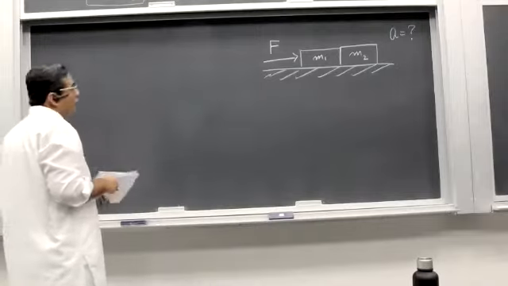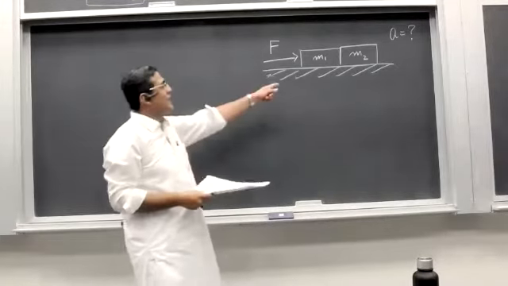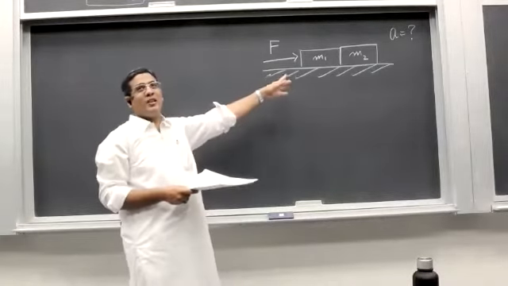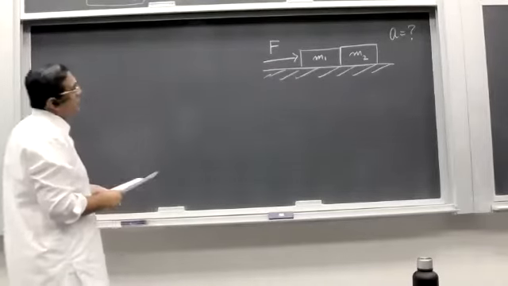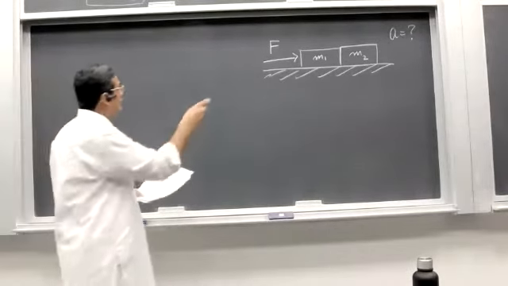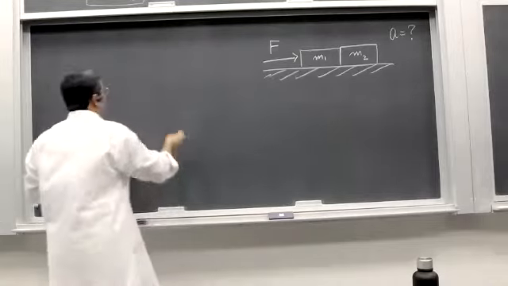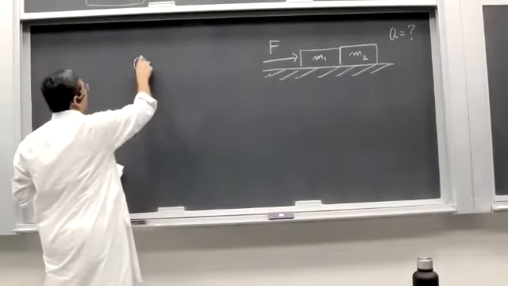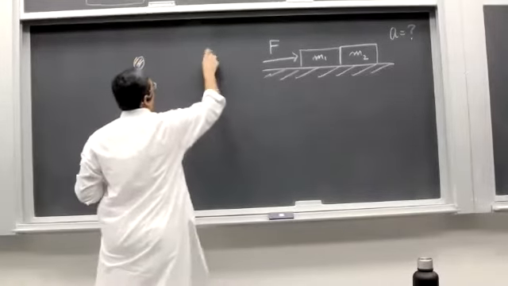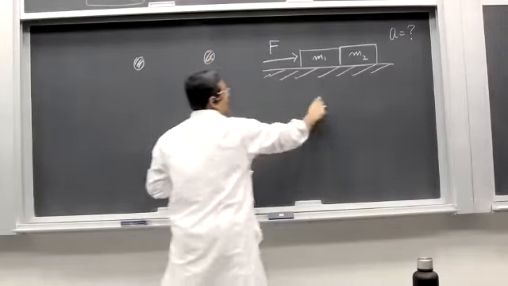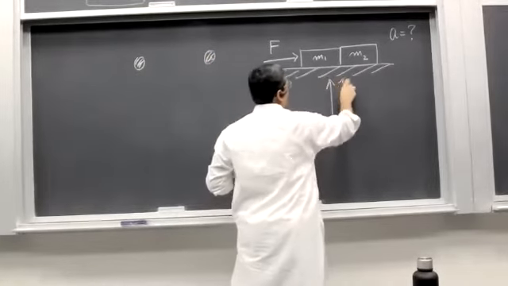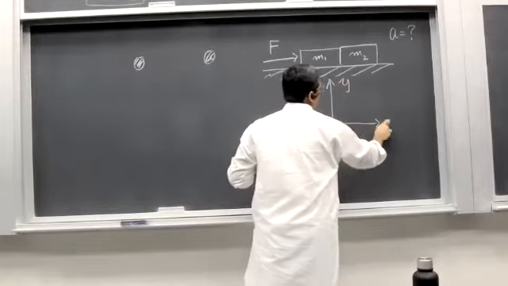Now we have two objects that we are looking at, and we have to make two free body diagrams, and then we have to look at the forces that are acting on each of those objects. So two free body diagrams. The coordinate system in this case is simple, y and x.